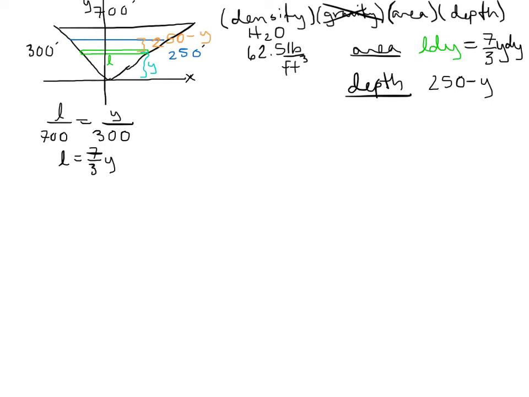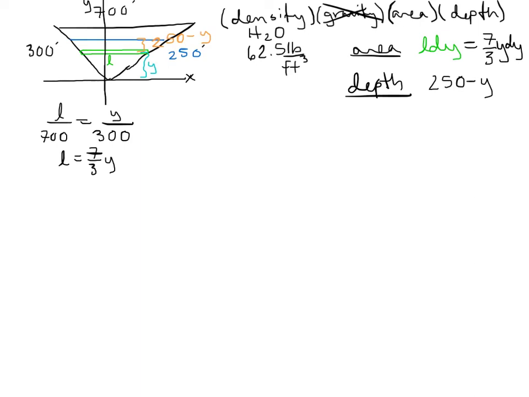Now these are changing. The area is dependent on y. The depth is dependent on y. And so our pressure is going to change as we move down the dam. And so to get the full hydrostatic force on the front of this dam, we're finding the force on all of it. We've got to add all that up.